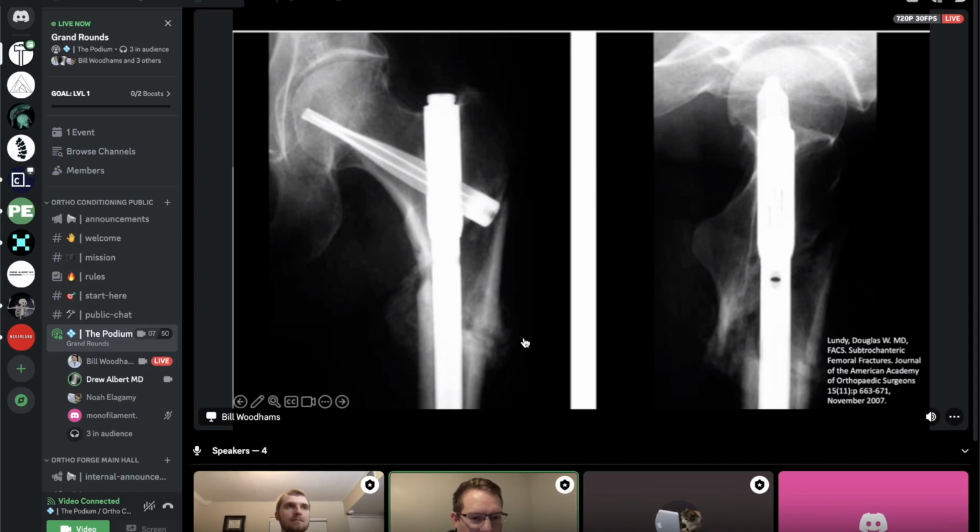How about you guys on your away rotations? Have you seen the trauma faculty jumping to cerclage in any of their femur fractures? I think, like you said, I've seen some arthroplasty guys using it for a periprosthetic fracture, but that's pretty much it. That's the most common scenario that I think people use cerclage wires.